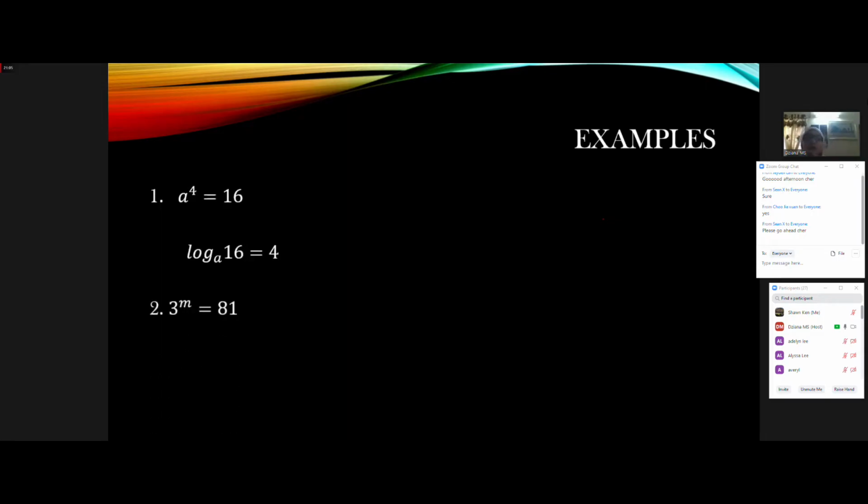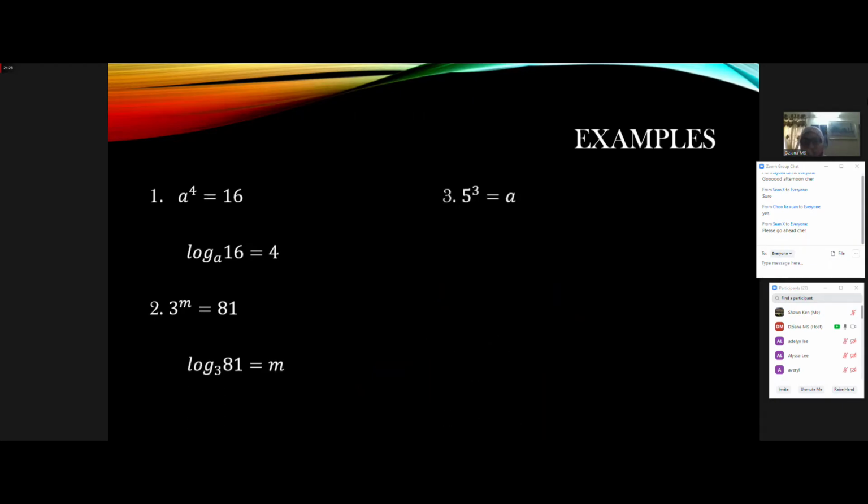Try this one. This is very important in index and log. You must know how to convert from log to index, index to log. This one, number 2: 3 power of m equals to 81. Convert into log form. Log base 3 of 81 equals to m. Correct.